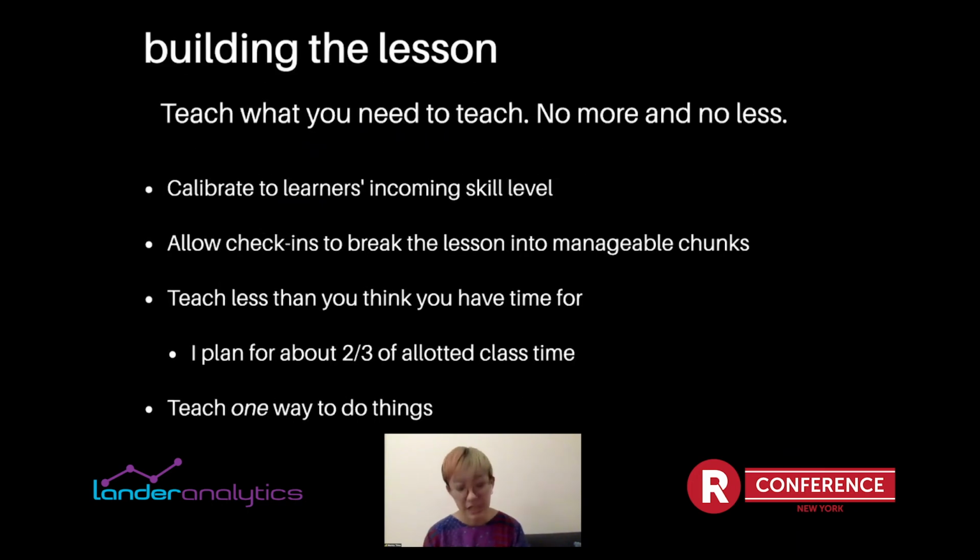And next, teach one way to do things. One of the great and terrible features of R is that there's often many different ways to code a particular problem. While some of these ways might be more verbose or less generalizable than others, sometimes you just get to 2 ways that really differ just on personal taste.